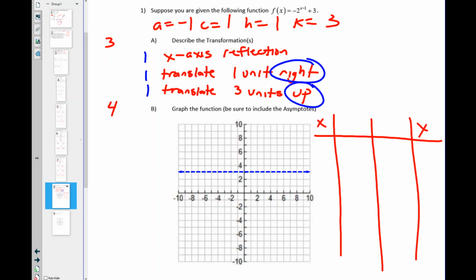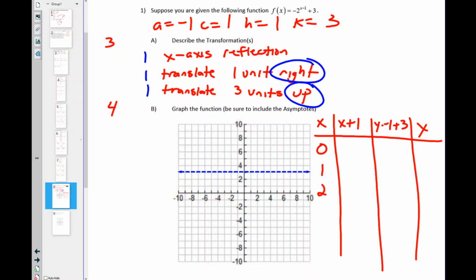All right, so we need to get the x's, and all that's going to happen is we're going to add 1. And then we're going to get the y's, and we're going to go times -1, and then +3. The base here is 2. That's going to tell us what points we start with. I needed to see at least 3 points, so 0, 1, 2.